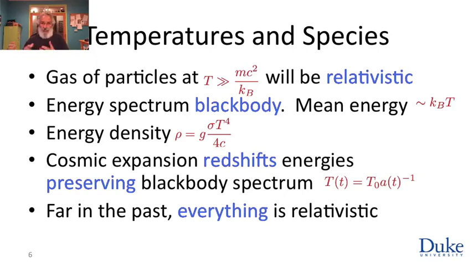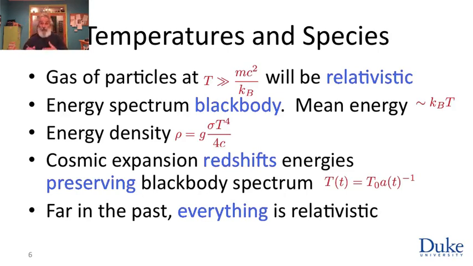And in a gas of particles, the average energy of a particle is k Boltzmann times T. And if the temperature is such that this is much larger than the rest energy of a particle, then that means that particle is moving at relativistic speeds. So as the temperature gets higher, particles of higher and higher mass will become relativistic. Of course, photons, which have zero mass, are always relativistic.